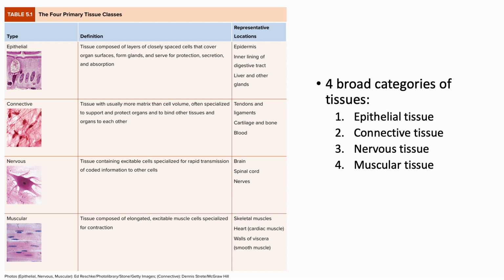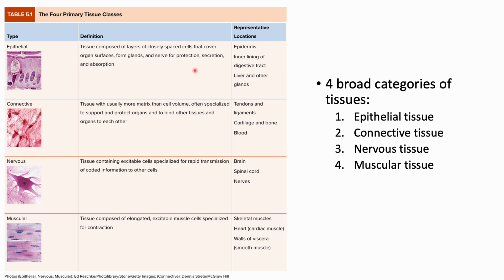It is tissue composed of closely adhering cells, and they cover your organ surfaces. They form glands. They serve for protection, secretion, and absorption. Where do we find this epithelial tissue? We find it in the epidermis, the lining of your digestive tract, in the liver, and other glands.